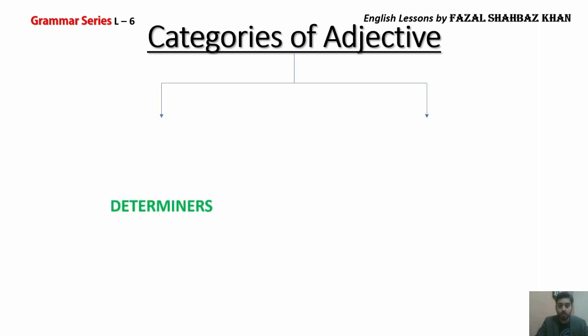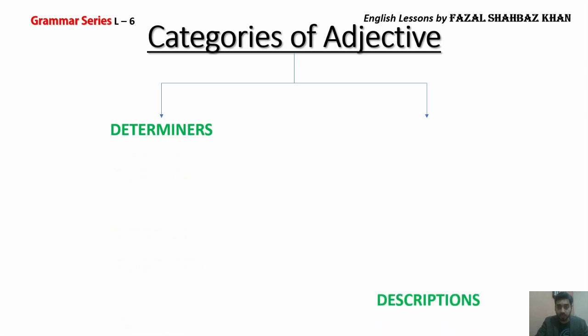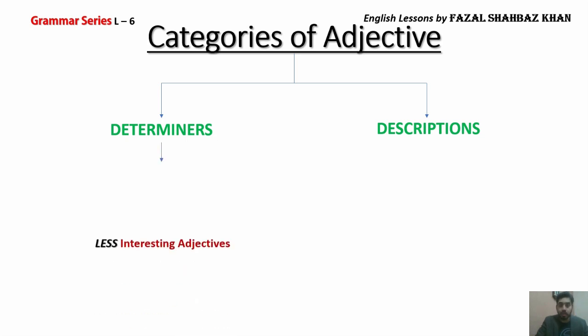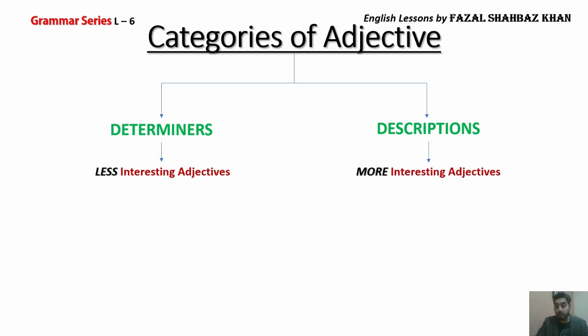So as I've told you, there are 2 categories of adjective, the first of which is determiners and the second is descriptions, or in other words, descriptive adjectives. Or should I say less interesting adjectives when I talk about determiners, or more interesting adjectives when I talk about descriptions.